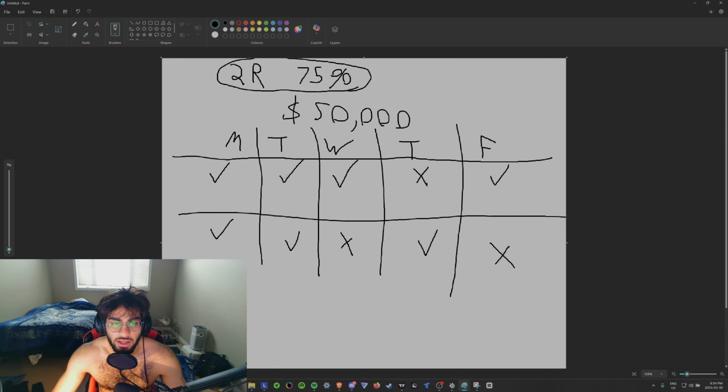Let's actually change up the order a little bit to make it more realistic. Let's say that instead of this being a win and this being a loss and this being a win, this was a loss and this was a loss.